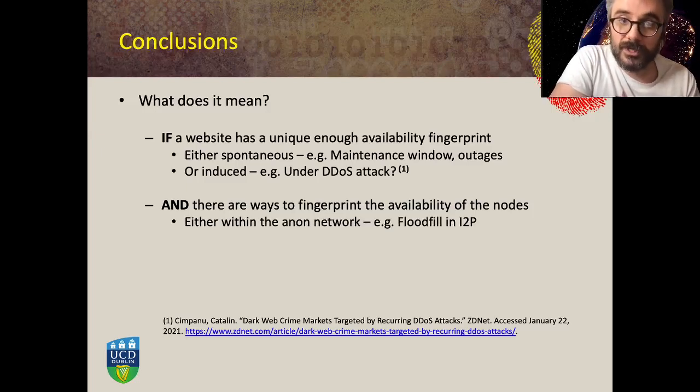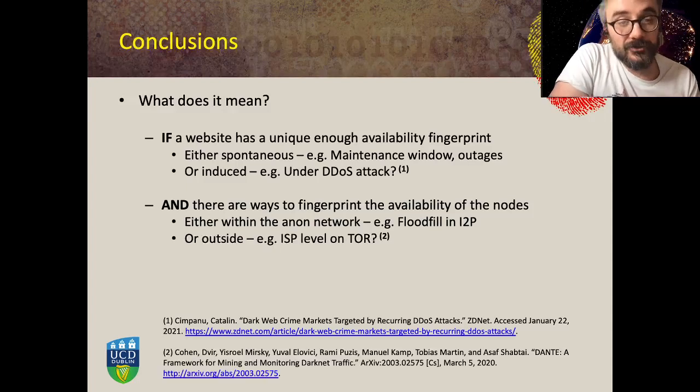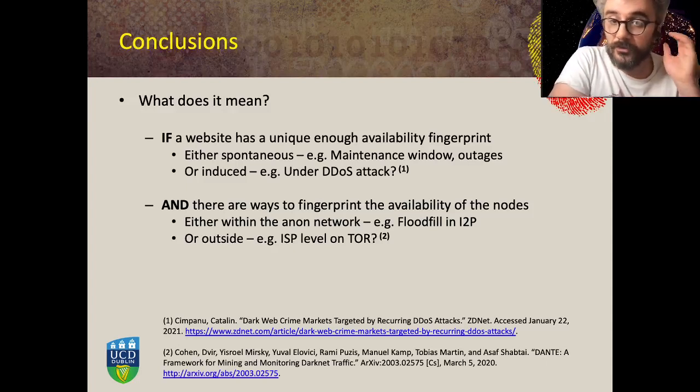Some anonymity networks like I2P provide this capability as a feature of the network, where you are able to discover the presence of all the other nodes so that you can build your routing path. Other networks may require external observation. Networks such as Tor require the collaboration, for example, of an internet service provider.